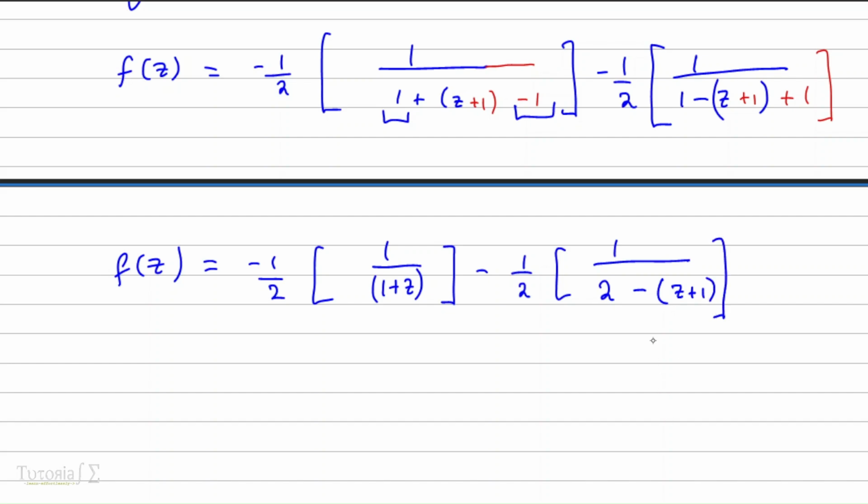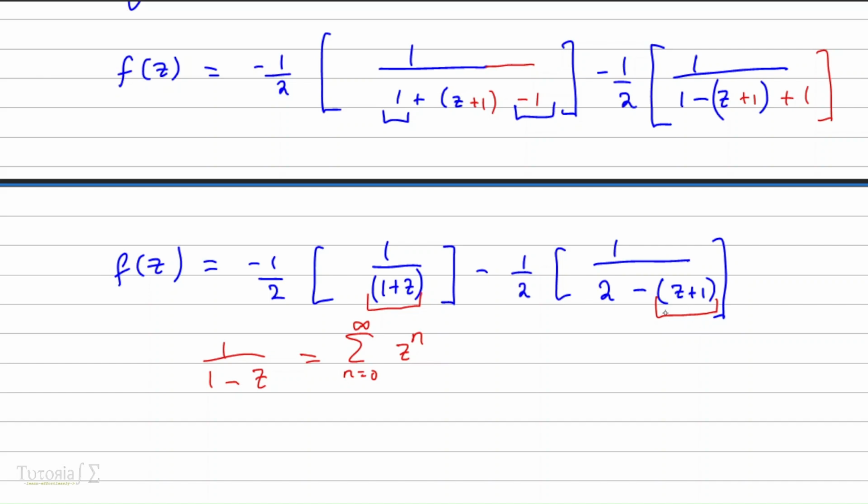Now we have our center. This whole thing is representing z. When you compare this to the geometric series, we have 1 over 1 minus z equals the sum from 0 to infinity of z to the power n.